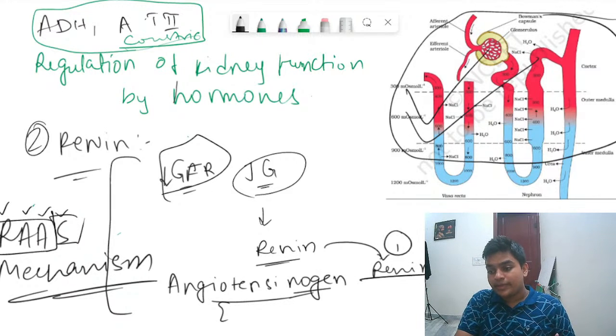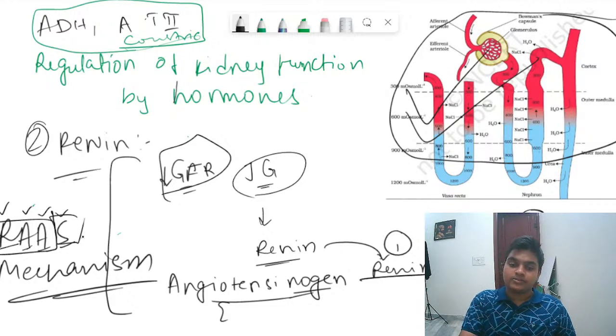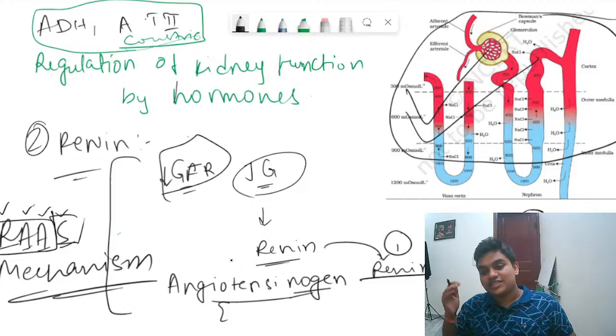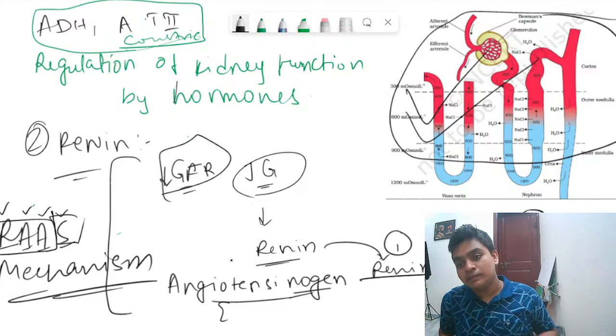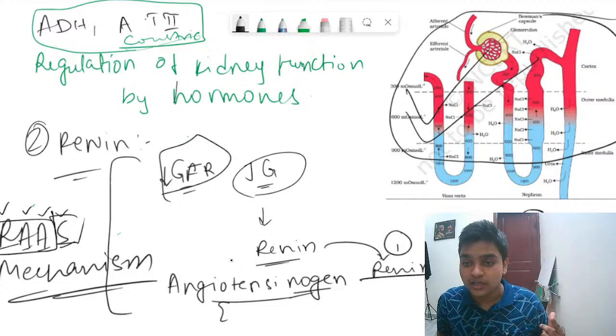Then comes the ACE, angiotensin converting enzyme, which converts angiotensin 1 to angiotensin 2, and this angiotensin secretes the aldosterone. This is your RAS mechanism, and this is how the renin affects the kidney function.